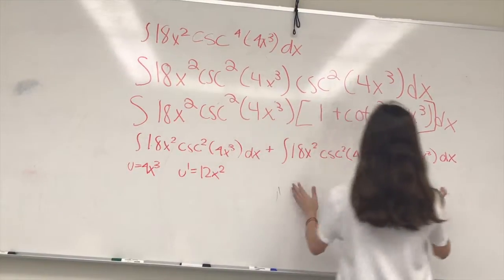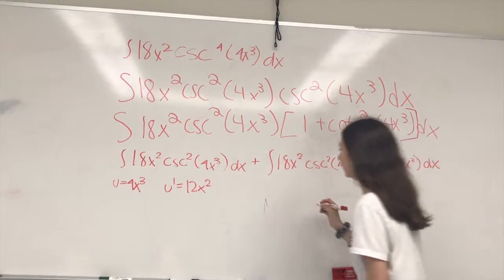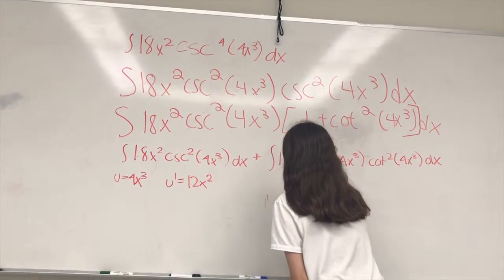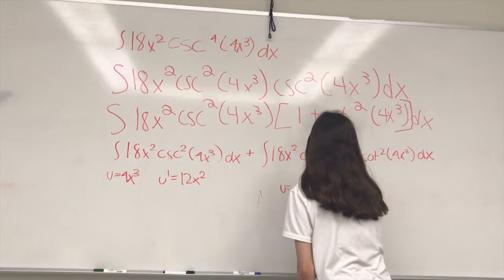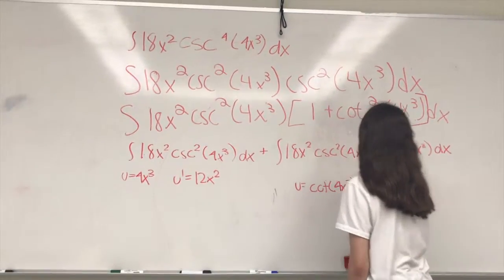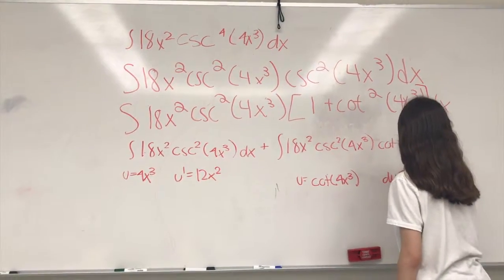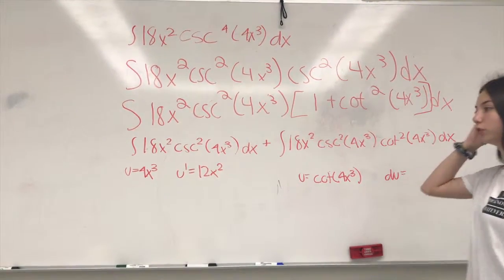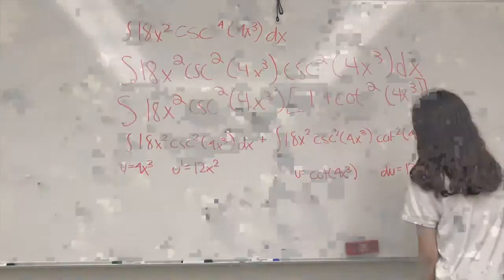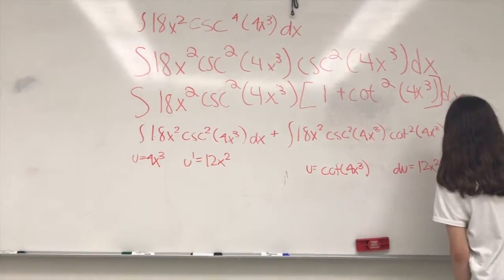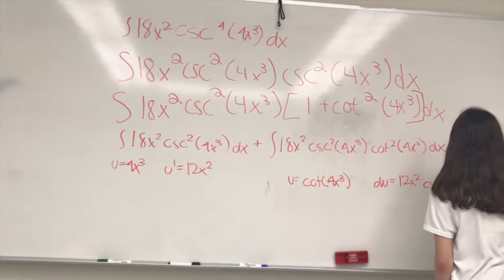For your second integration, your u will be cotangent of 4x cubed, and your du, which is the same as your u prime, will be negative 12x squared times cosecant squared of 4x cubed.